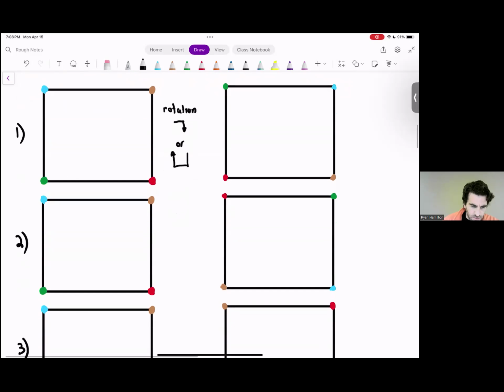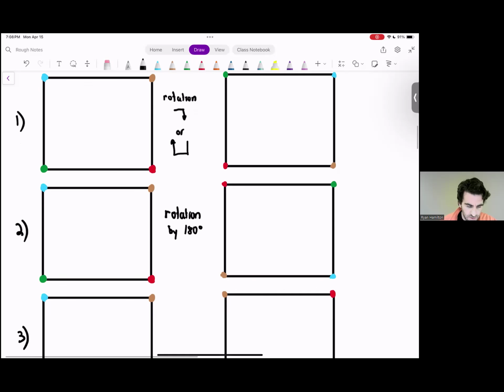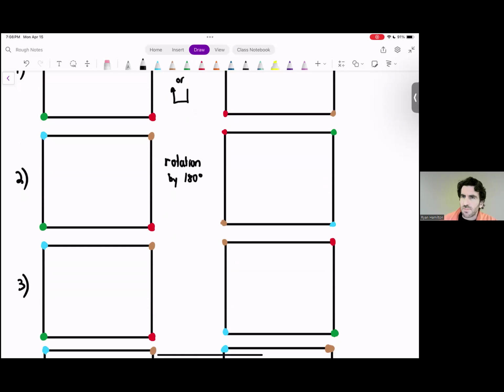If we keep going down, what we're getting is another kind of rotation. So in this case, I'm rotating by 180 degrees, whether clockwise or counterclockwise. So you see the blue dot moves over 1 and down 1. The brown dot moves down and over 1, and so on. Each dot moves exactly 2 positions. If we keep going down, I'm just doing the same thing and adding 90 degrees each time.